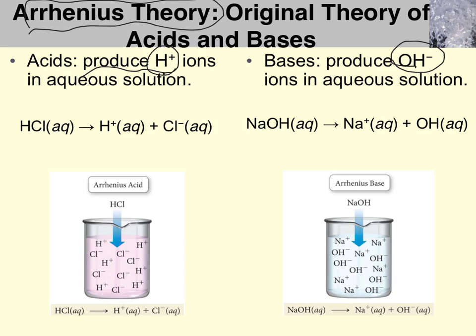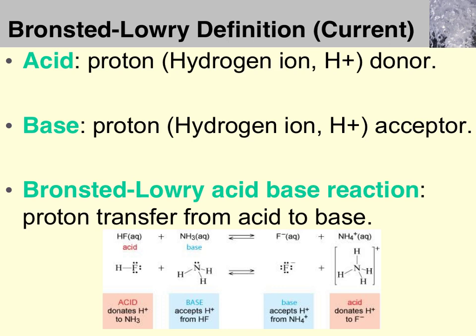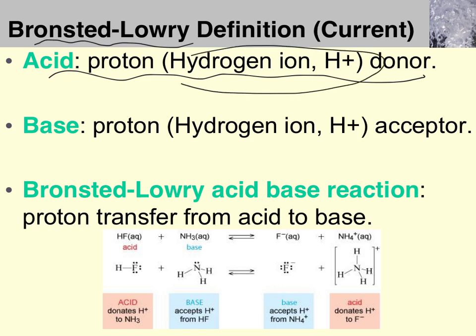And so sometime after Arrhenius, we came up with an expanded definition, Bronsted and Lowry, 2 gentlemen. And the definition of acid remains about the same as the Arrhenius did, that an acid is a proton or hydrogen ion donor.